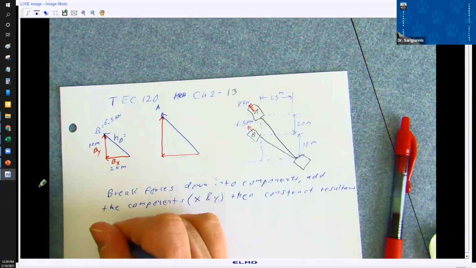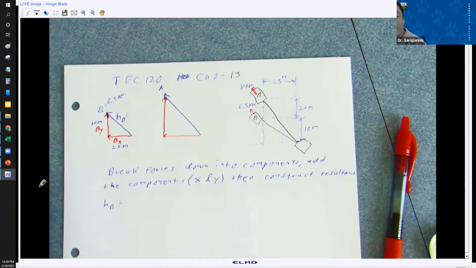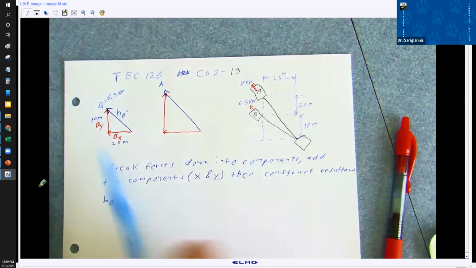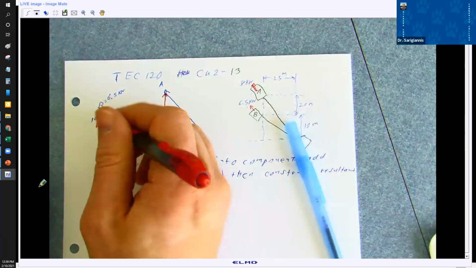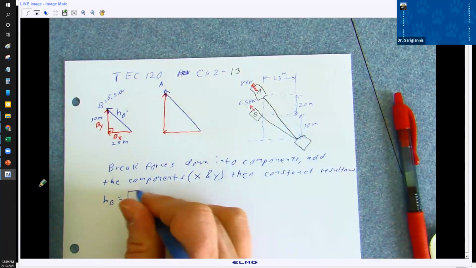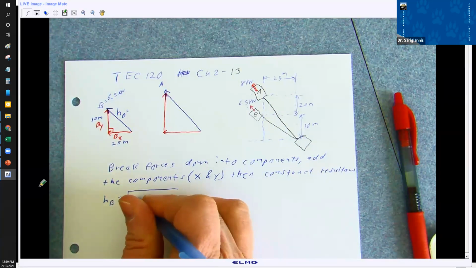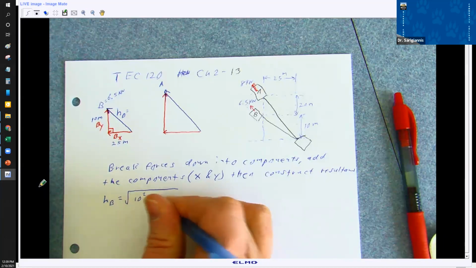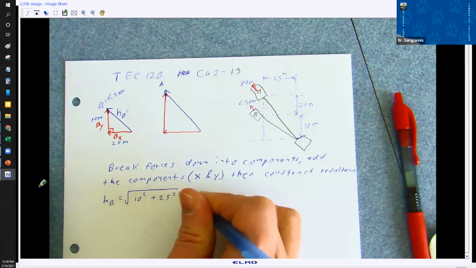H of B. This is the Pythagorean theorem, right? This is a right triangle. Let me just make a little right angle in here. It's going to be the square root of 10 squared plus 25 squared.